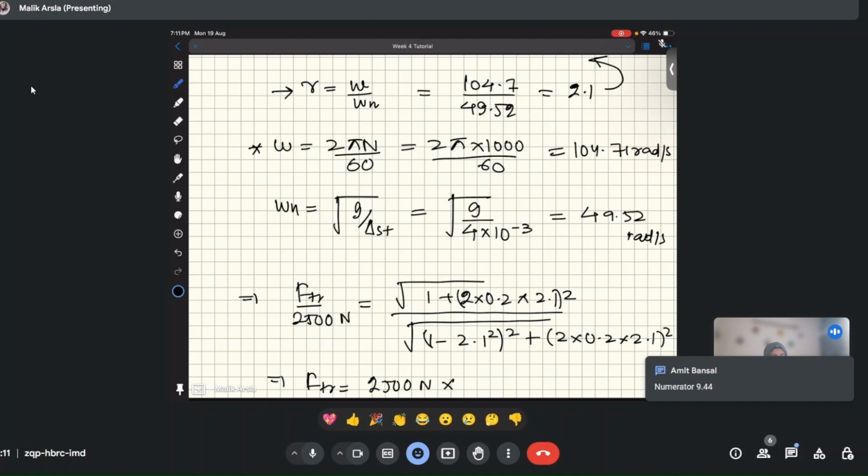You can calculate the whole expression and tell me what you are getting. I think it will be something like 0.37187.